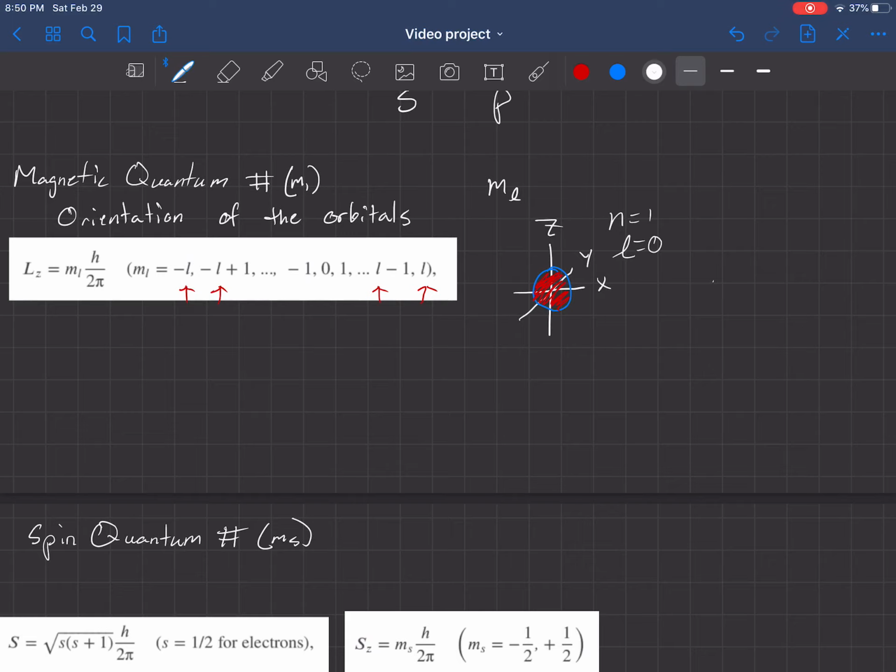If we're looking at p orbitals, and we have the x, y, and z axes, the p orbital could be on the z axis, so you have this p orbital there, or you could have a p orbital on the y-axis, like so, or one on the x-axis, like so.